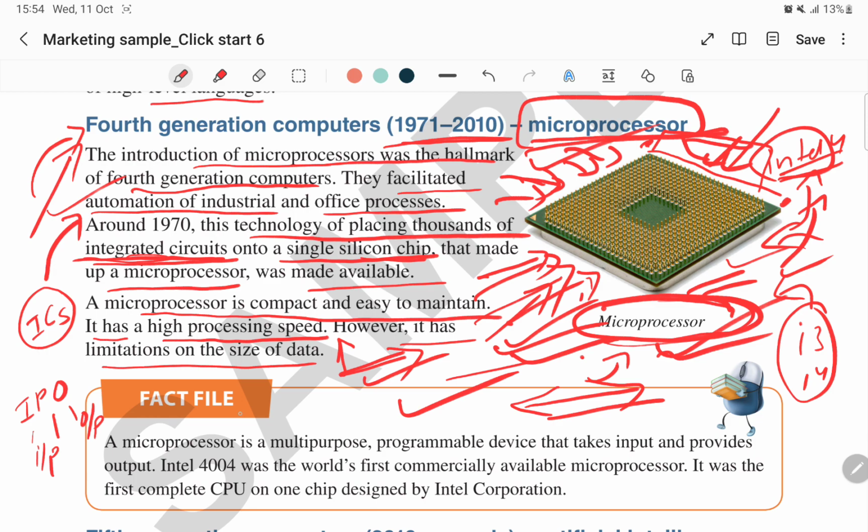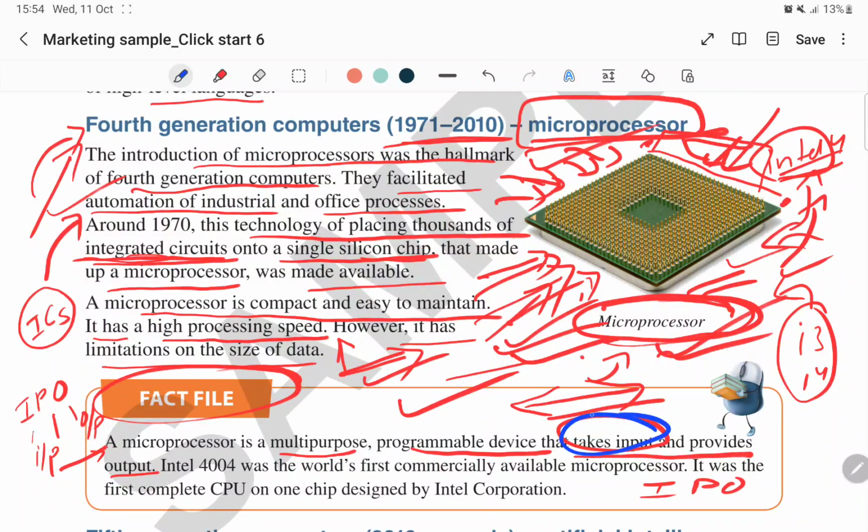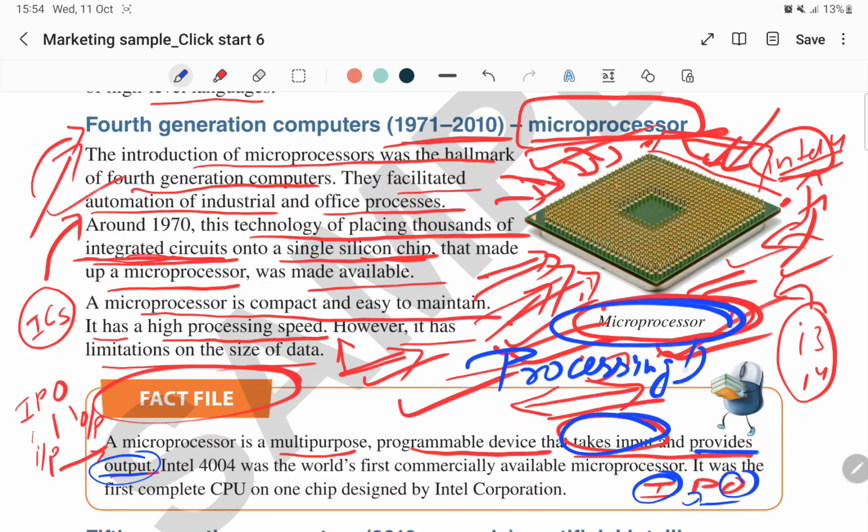So we can now define it in the fact file: a microprocessor is a multi-purpose programmable device that takes input and provides output. As I have said, IPO: input, output, and in between is the P, the processing, which is done by the processor.